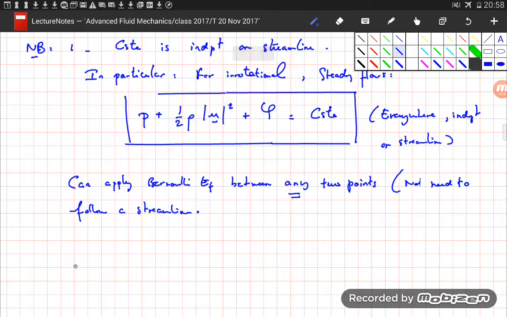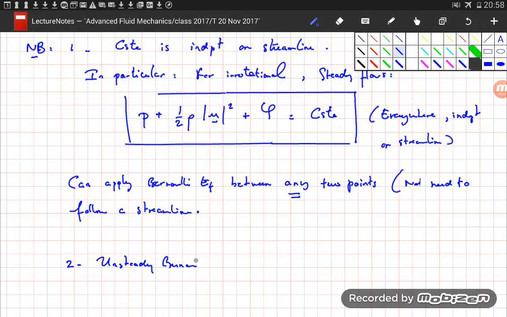Now the second observation is, when do we use the unsteady Bernoulli equation? This is always the place to start if you have an unsteady flow which is inviscid. Okay, so unsteady Bernoulli, when do you use it?